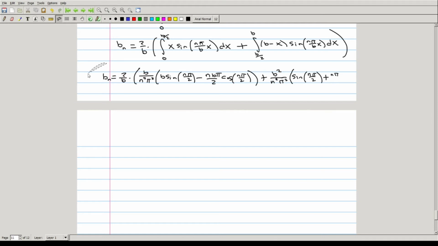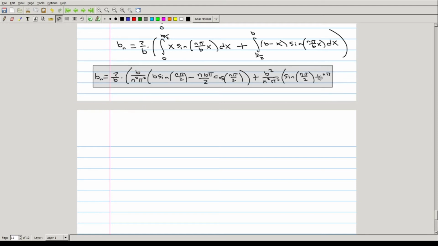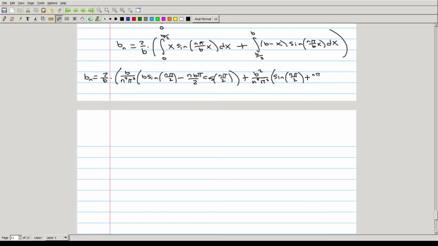Let me make a little bit more space here.